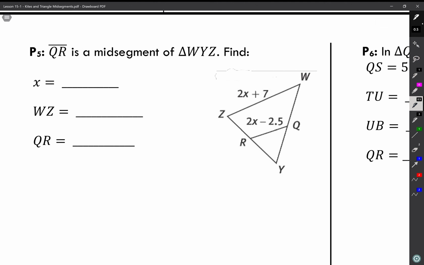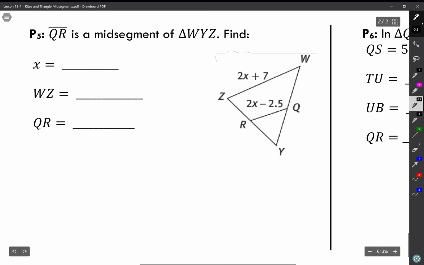Now we're going to add a little algebra to this. QR is a midsegment of triangle WYZ, excuse me. So I know that QR is half of WZ, right? So I can set up an equation.